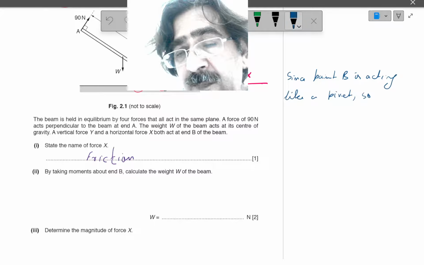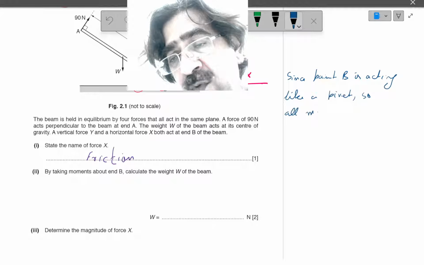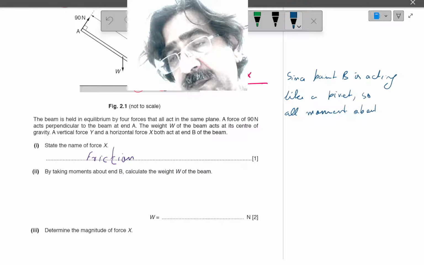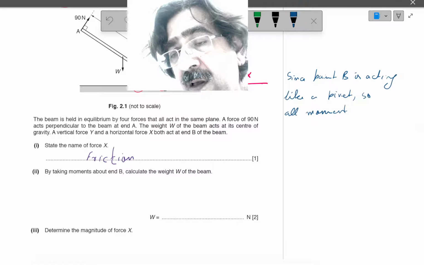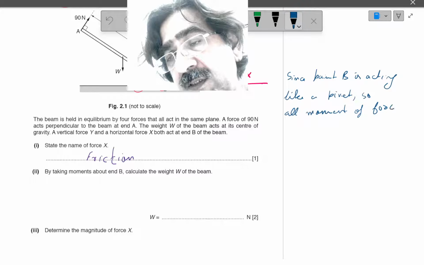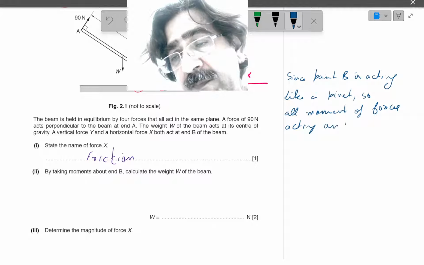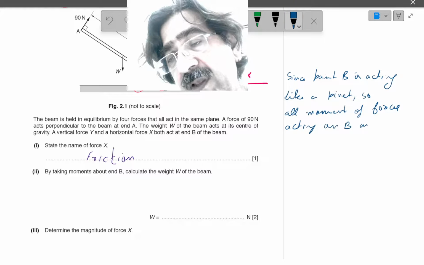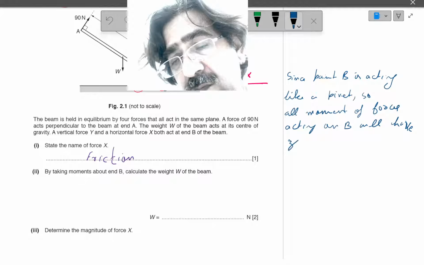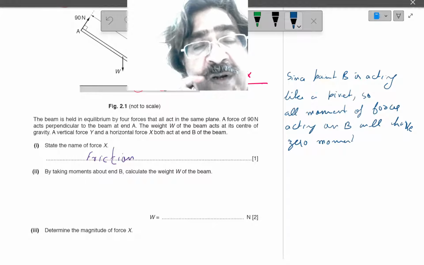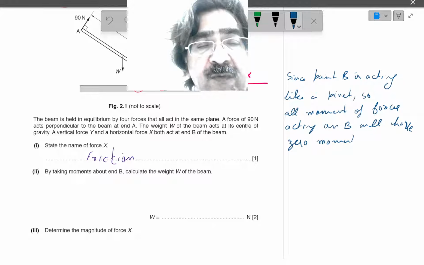So all moments about B: the moment of forces acting on B will have zero moment, because moment is the perpendicular distance times the force.